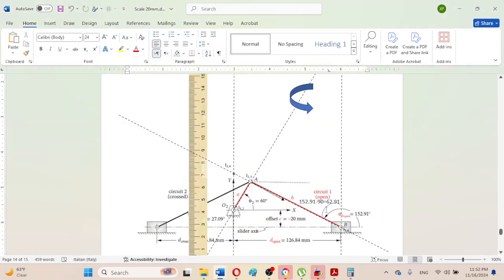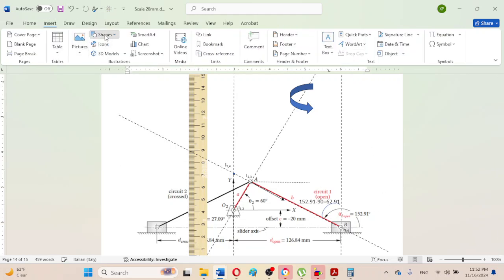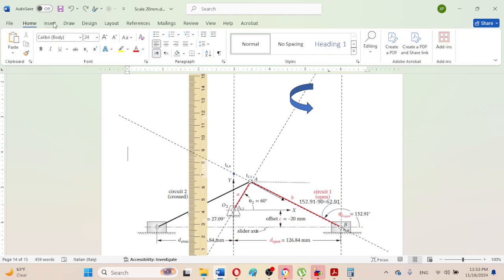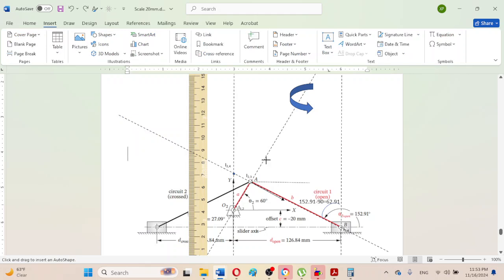I can just draw an arc freshly to show the angle symbol here. Insert, go to shapes and click on this curve here.